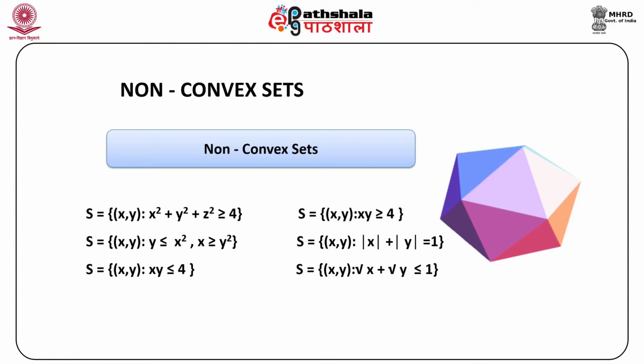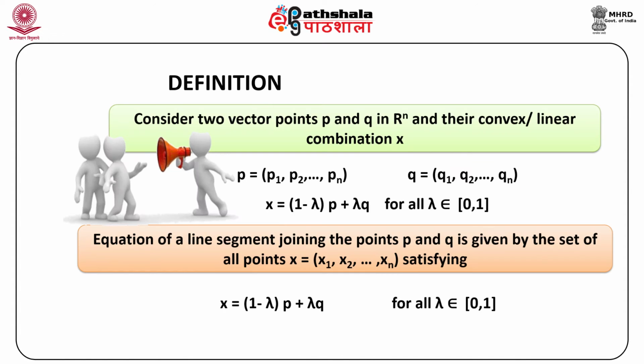S = {(x, y) : y ≤ x², x ≥ y²}. S = {(x, y) : |x| + |y| = 1}. S = {(x, y) : xy ≤ 4}. S = {(x, y) : √x + √y ≤ 1}. Secondly, we will be discussing its definition.